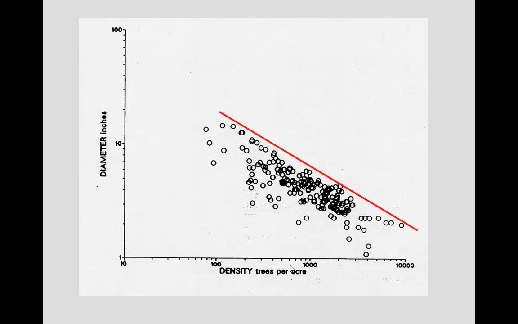We can flip them back and forth. In talking about size-density relationships, it really doesn't matter which is the y-axis and which is the x-axis. Again, we could quibble about the boundary line, but this is certainly reasonable. You wouldn't put it up here, you wouldn't put it down here. So if we debated the exact placement of that line, it's going to be within some fairly narrow limits.